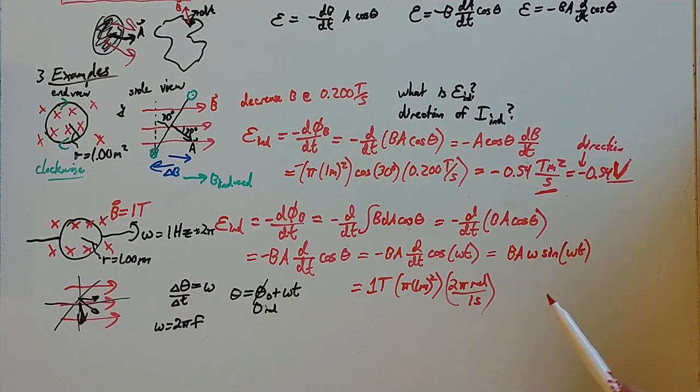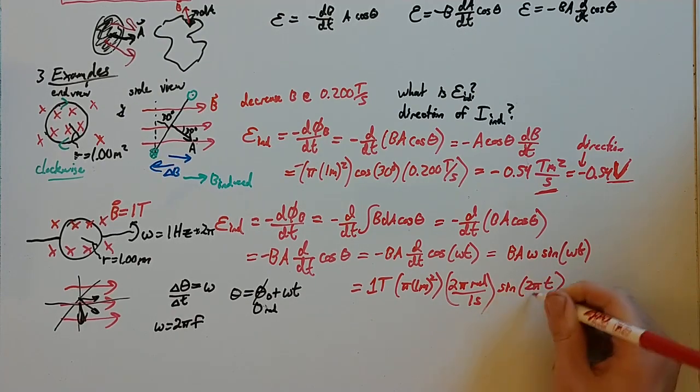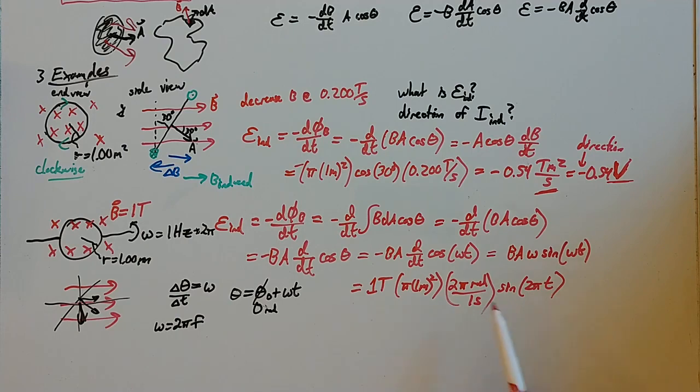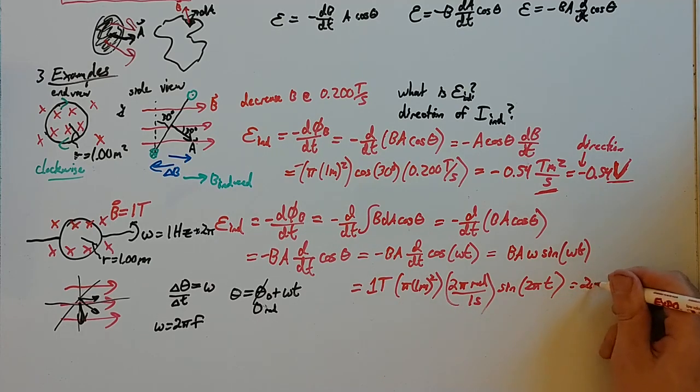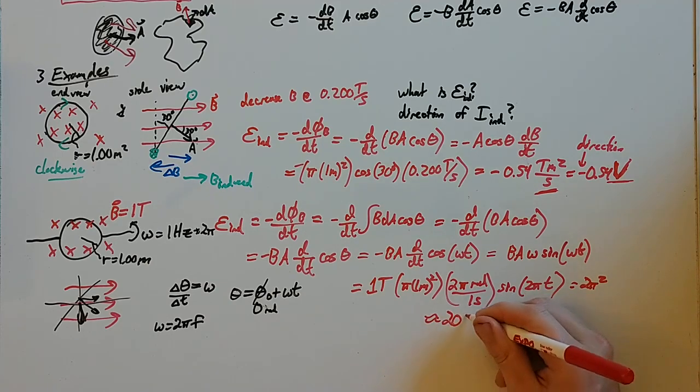So we plug in for omega, and then we just have this sine of 2 pi times t, where 2 pi again is omega. Sine is something that's going to cycle back and forth between +1 and -1. This is going to be 2 pi squared, which is about 20 volts.